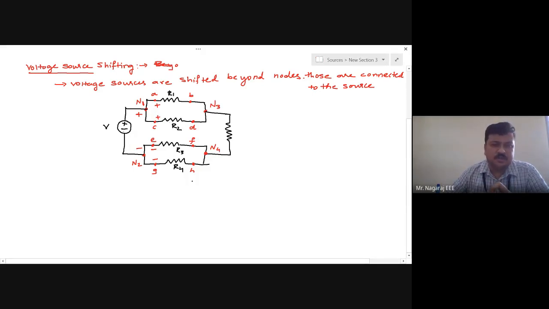So I should shift the voltage source beyond the node in such a way that the elements connected to that node possess the same potential as the earlier connection. That is my rule of source shifting. Okay, so the first case I will take is case 1.